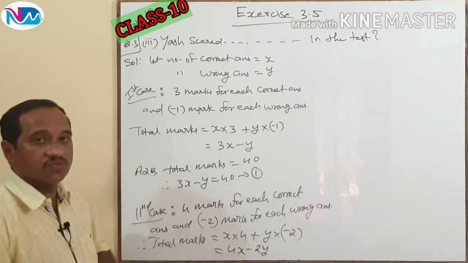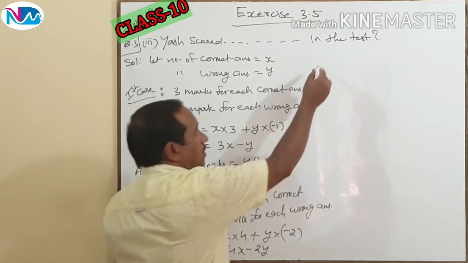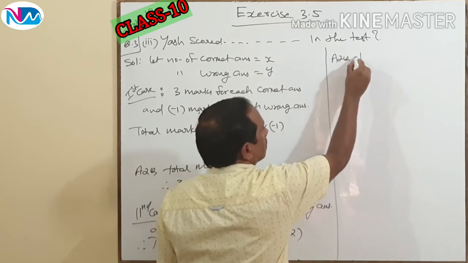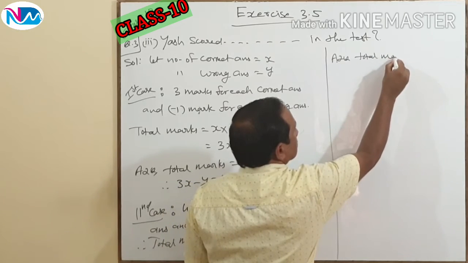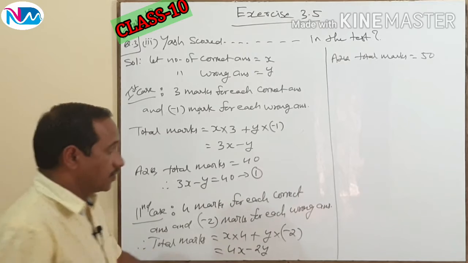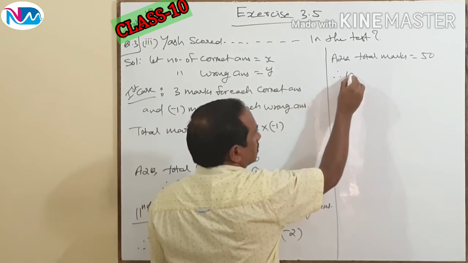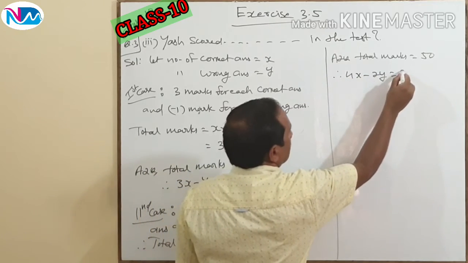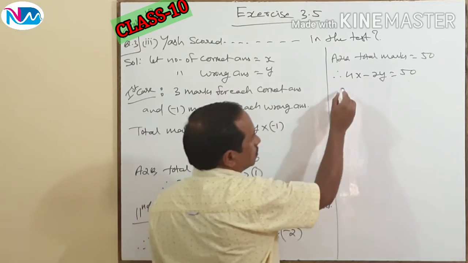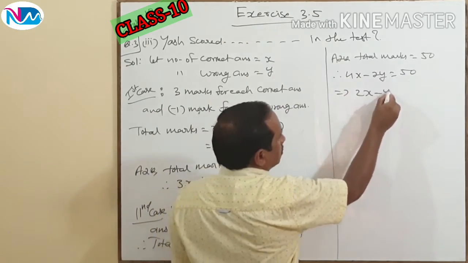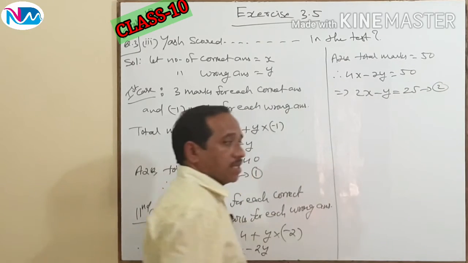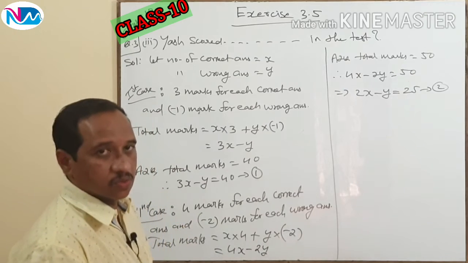Here the total marks would be 50. Therefore we can write 4x minus 2y is equal to 50. Dividing all terms by 2, we get 2x minus y is equal to 25. Thereby, we are getting equation number 2.